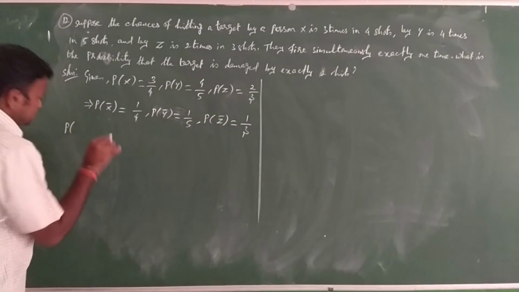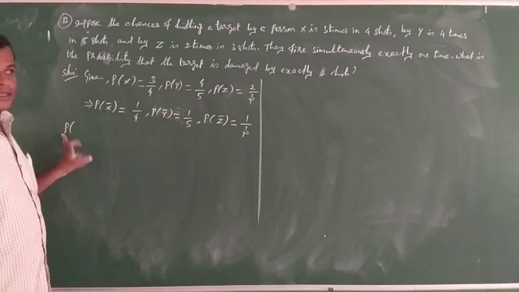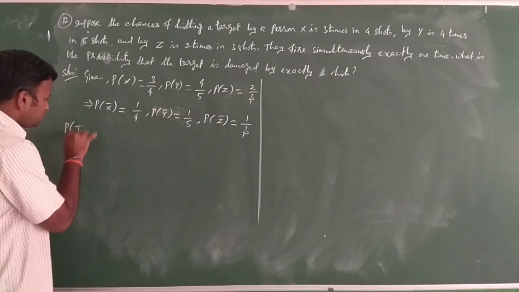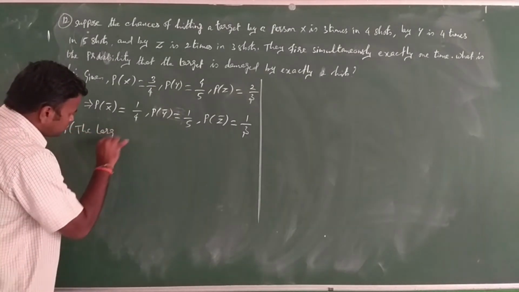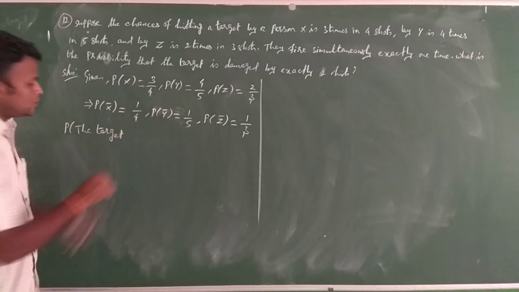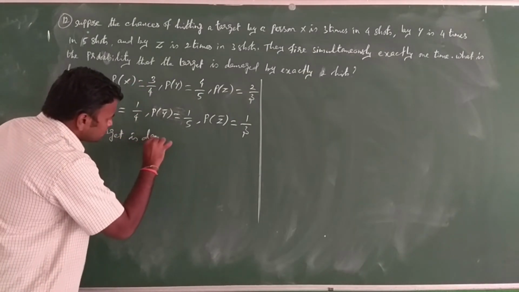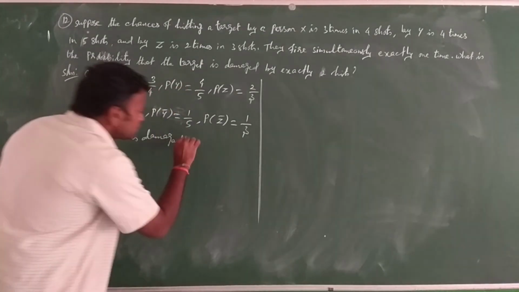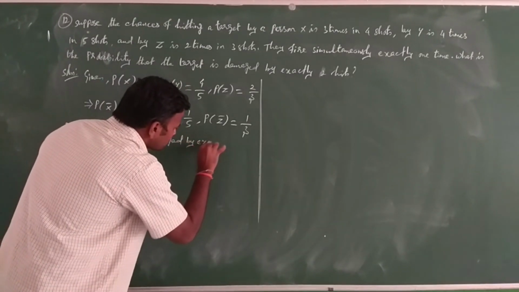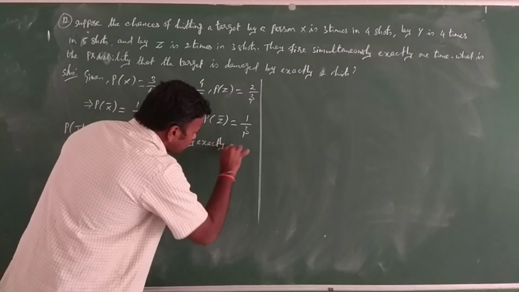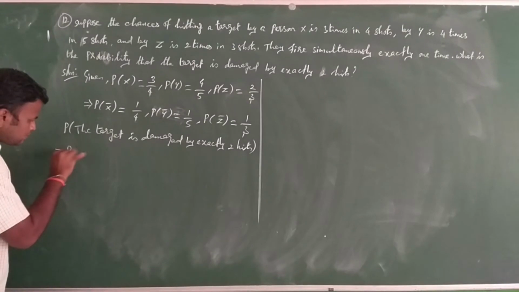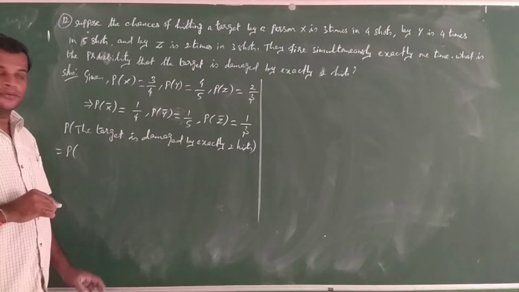Now we find the answer. How to find the probability? The target is damaged by exactly 2. Probability of the target is damaged by exactly 2x. How to write in symbol? P of exactly 2x.